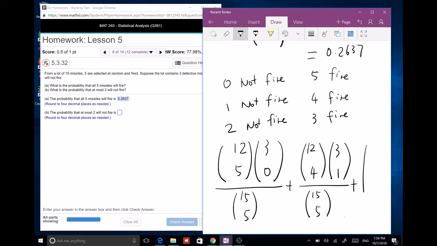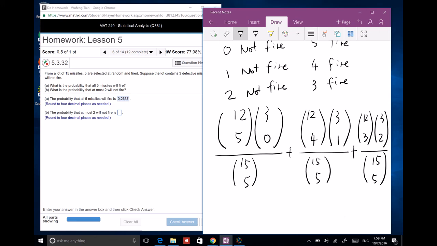The next case is 2 not fire, so 3 will fire, choose 3 from 12, and choose 2 from 3, because we have 3 that may not fire. The bottom is the total, choose 5 from 15. You add all of this together, and then you can get the second one, okay?